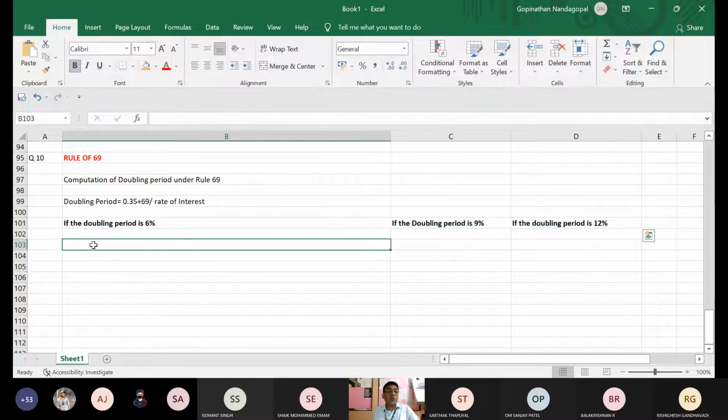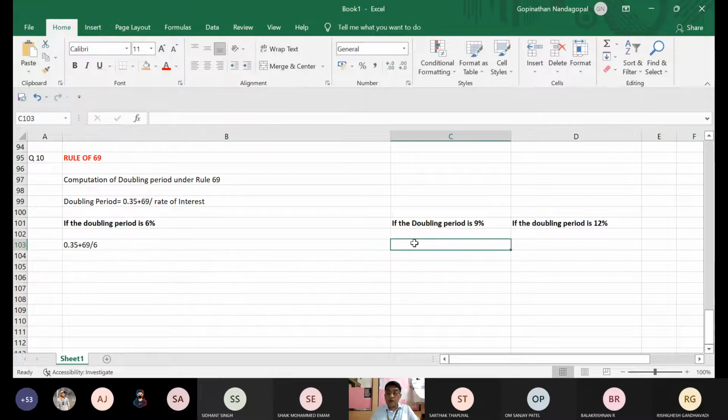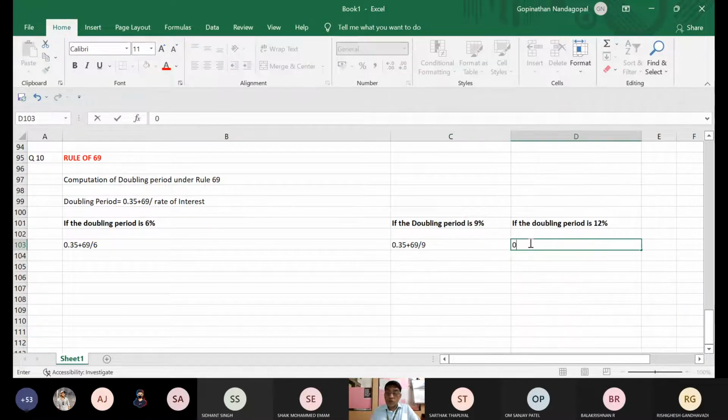The same formula will apply. So we'll take it like this: 0.35 plus 69 divided by 6. 0.35 plus 69 divided by 9. 0.35 plus 69 divided by 12.